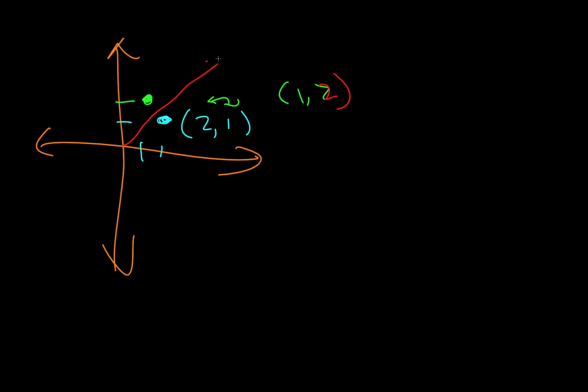What it is, it's actually a reflection across the line y equals x. And so hopefully you can see, even with this bad drawing, that this blue dot reflected across that line and became the green dot.